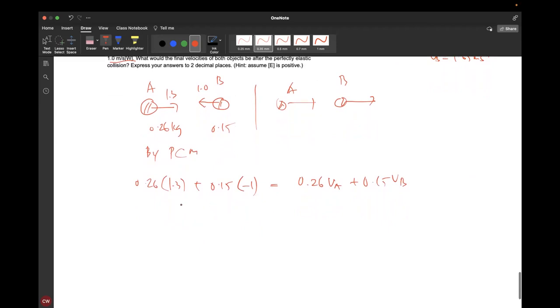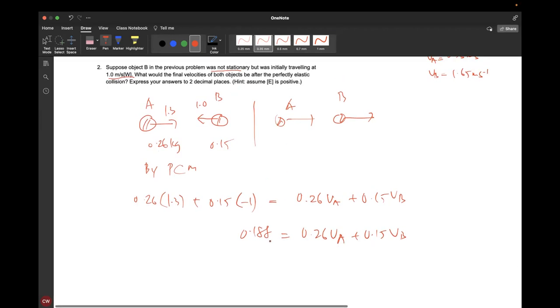So what is the first value? 0.26 times 1.3 is 0.338, minus 0.15, giving 0.188.